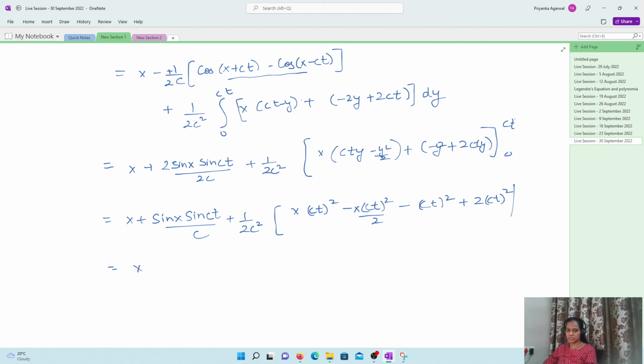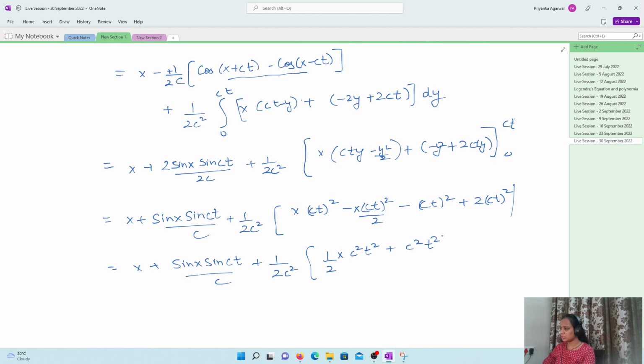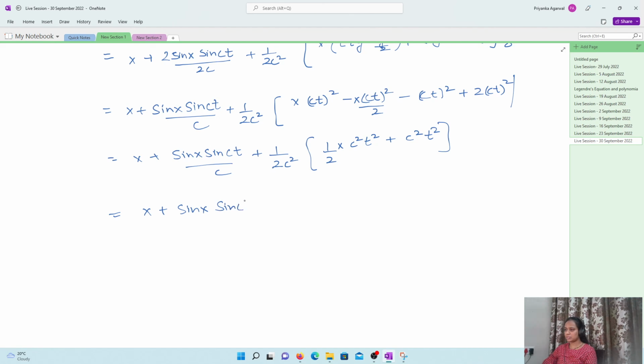So this becomes x plus sin x sin ct over c plus 1 by 2c square times 1 by 2 x c square t square plus c square t square, and then the c square gets cancelled, so this is 1 by 4 x t square plus 1 by 2 t square.